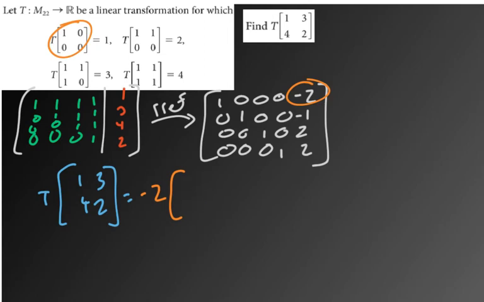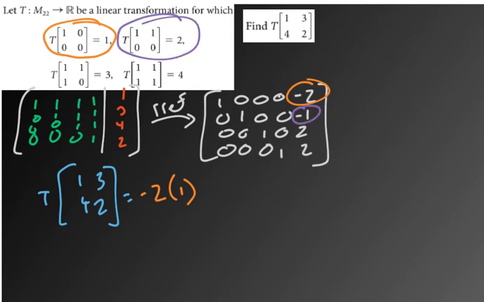The transformation on that, I want negative 2 times 1, right? The transformation on that is 1. So negative 2 times 1, then negative 1 of this transformation, so minus 1 times 2, right?